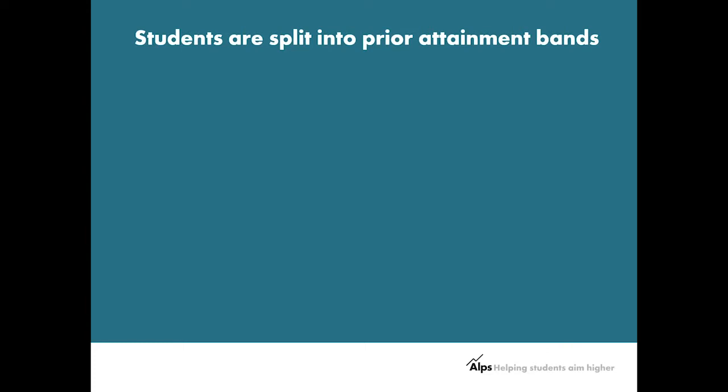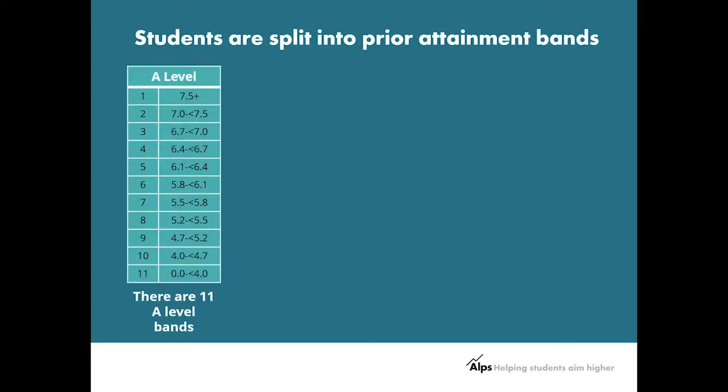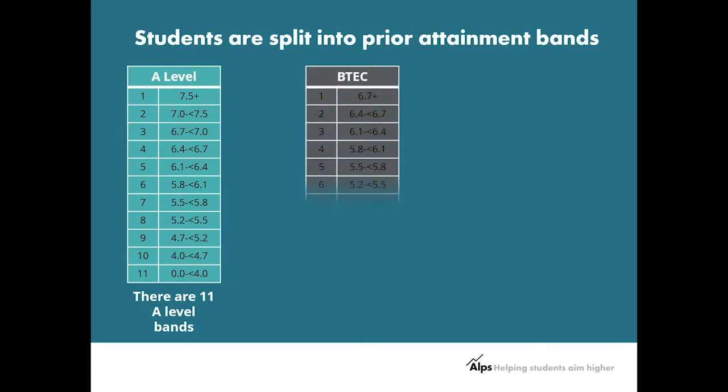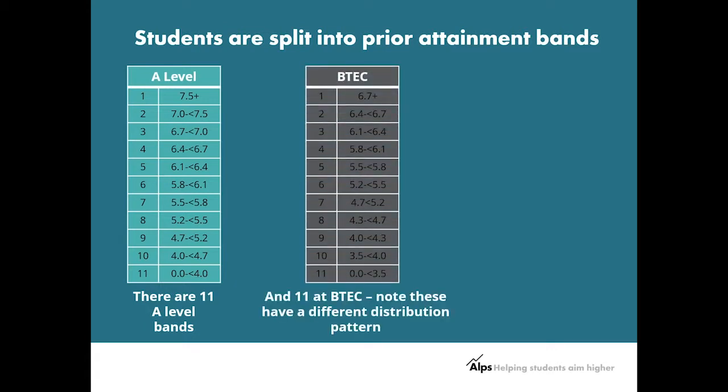The first thing that we do is split our students into prior attainment bands. There are the A-level prior attainment bands. There are 11, and you can see the ranges for each of those bands. The BTEC ones are there. There are also 11.